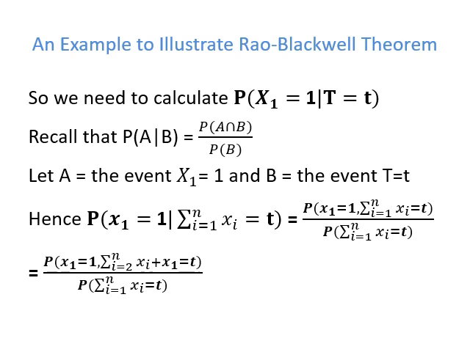One of them is the first term, which is x1, plus the rest, which is summation xi from i equal 2 to n. So again, the conditional probability will be written as the probability that x1 equal 1 intersection, or the comma, summation xi from i equal 2 to n plus x1 equal t. And in the denominator we will have the same probability that summation xi from i equal 1 to n equal t.